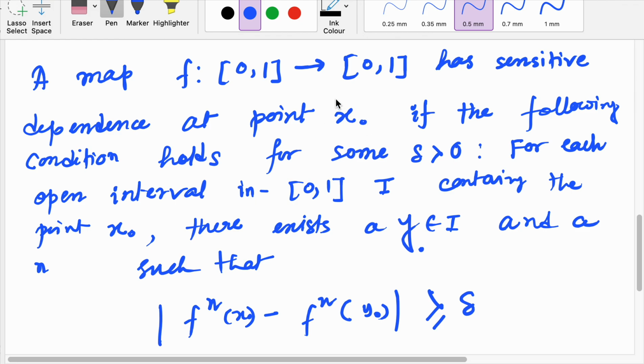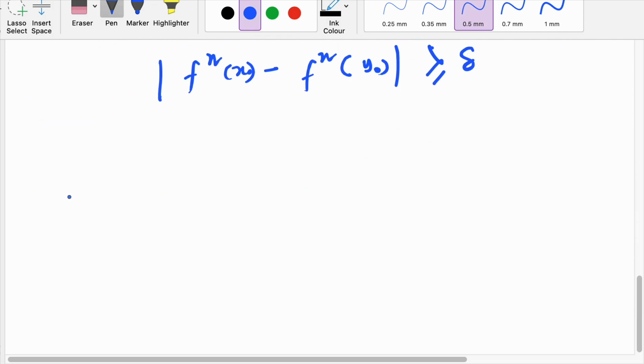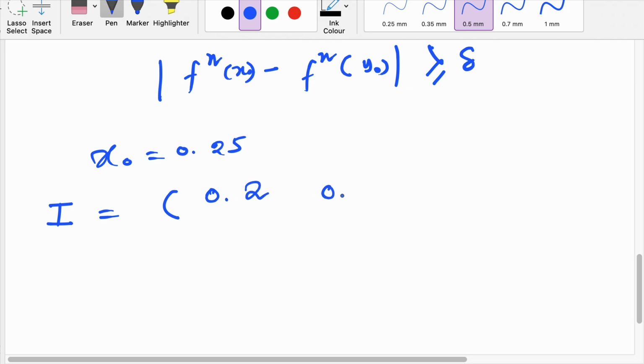If I want to find whether or not this x0 has sensitive dependence, what you have to check is this. Suppose x0 is 0.25, and we take an open interval like 0.2 to 0.3 which contains this point.